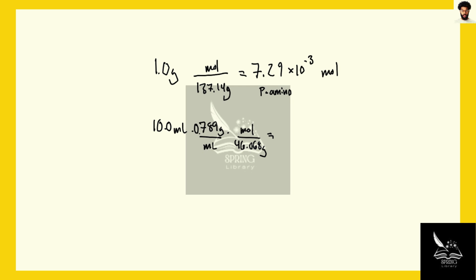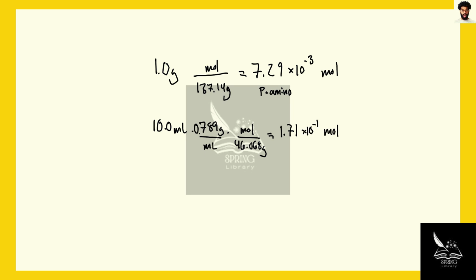Let's look at this. 10.0 times 0.789 divided by 46.068, and I get 1.71 times 10 to the minus 1 mole.